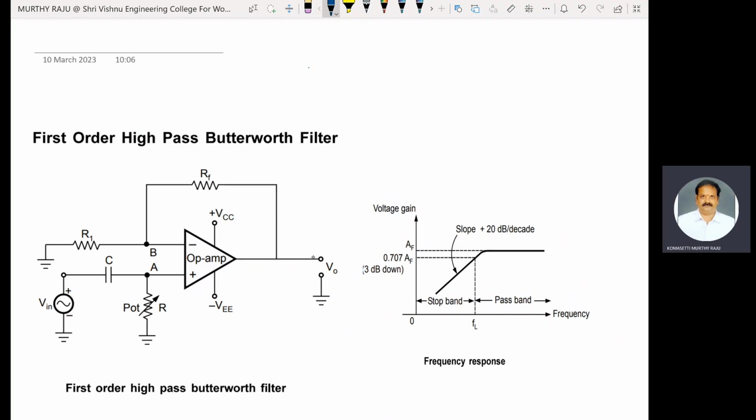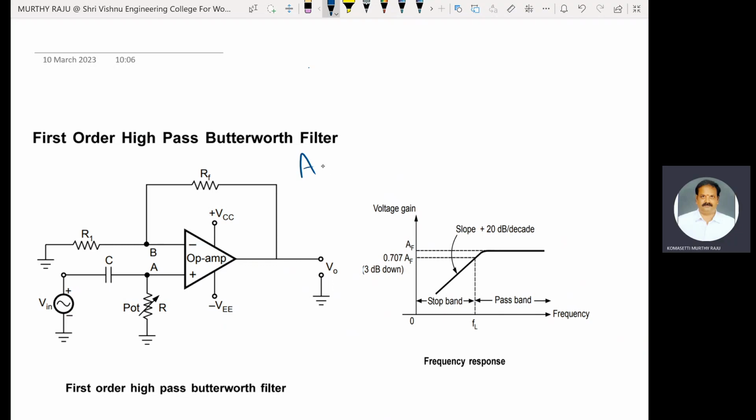Here I will explain the first order high pass Butterworth filter using an op-amp. Here R1 and RF are the two resistances which are used to determine the gain of the op-amp, which is in non-inverting configuration.